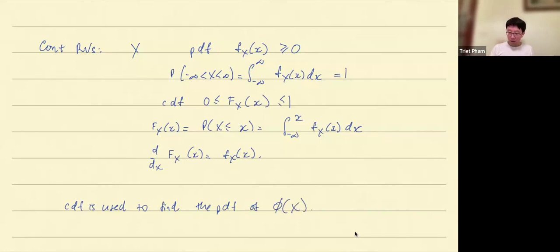Again, the reason is because the PDF itself is not a probability. So when you try to write down probabilistic statements, you can't operate with the PDF directly. You have to operate with probabilities, and probability by definition is working at the CDF level.